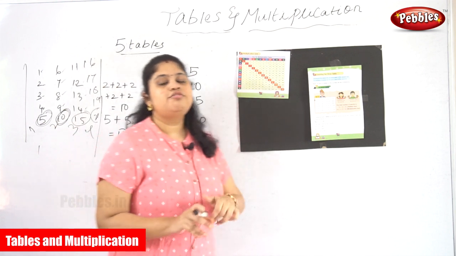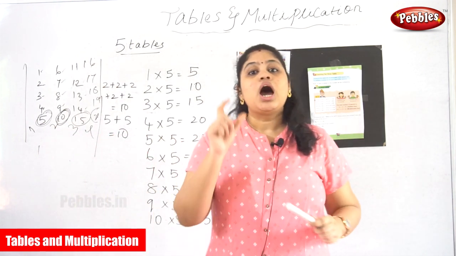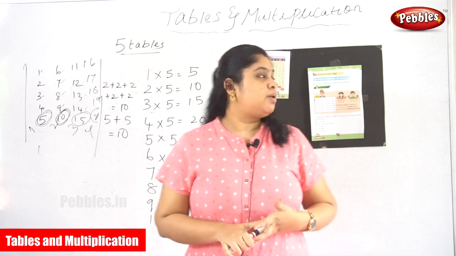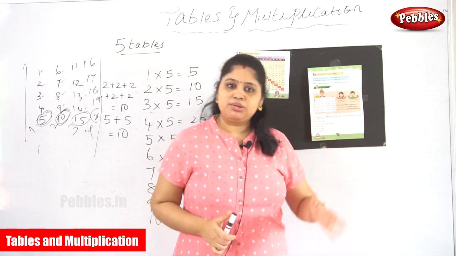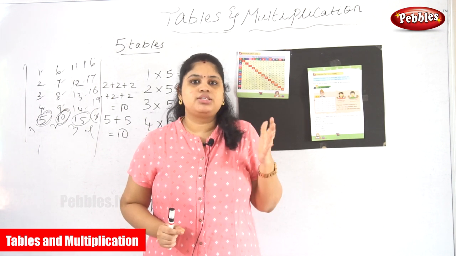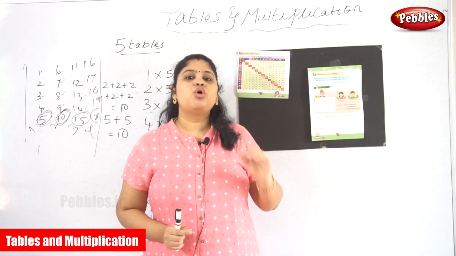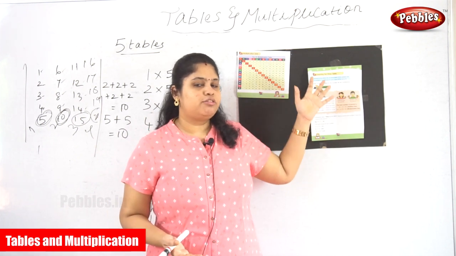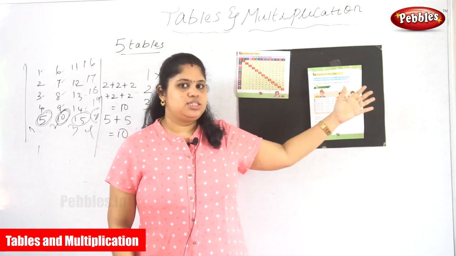On the first class I told you how to remember the tables, because if you want to do multiplication very fast, you have to know the tables. Without the support of the tables we cannot perform multiplication, isn't it, children?